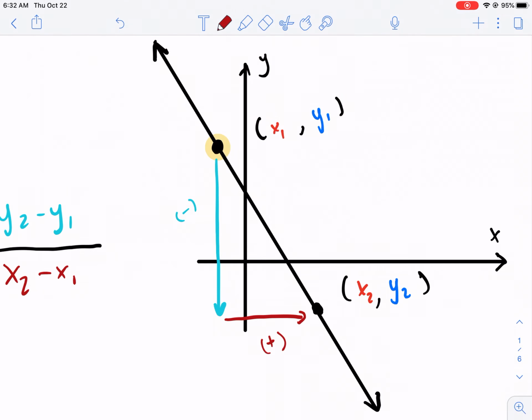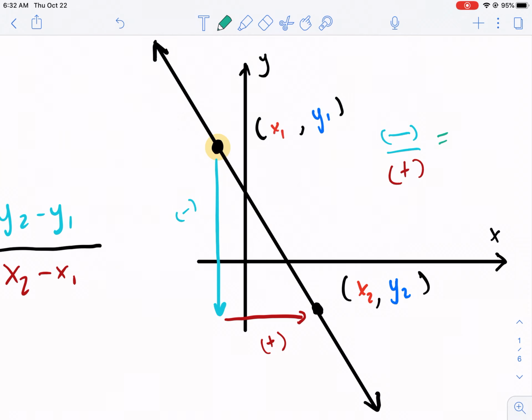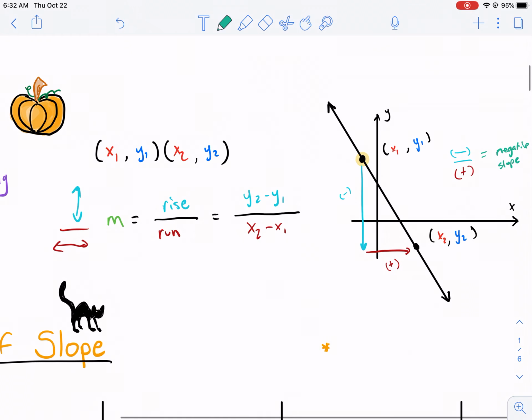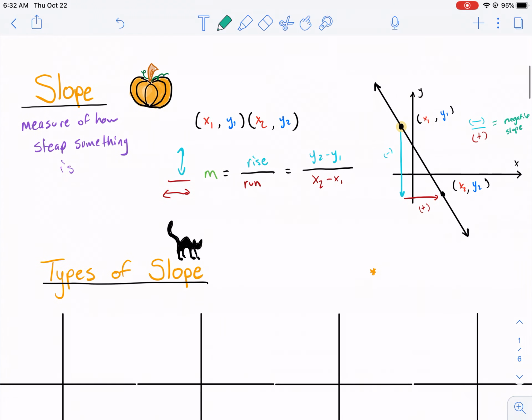So my slope here would be negative, because I would have a negative divided by a positive, and a negative divided by a positive is a negative slope. If we had two positives, it would be a positive slope. Or if we had two negatives, which is the same thing, it would also be a positive slope. So that's the intro to slope.